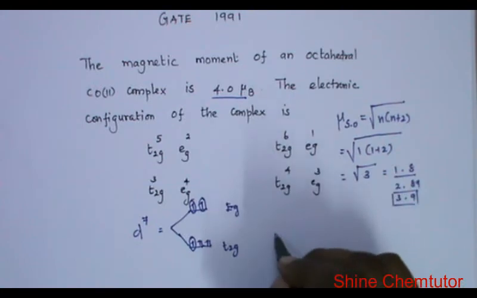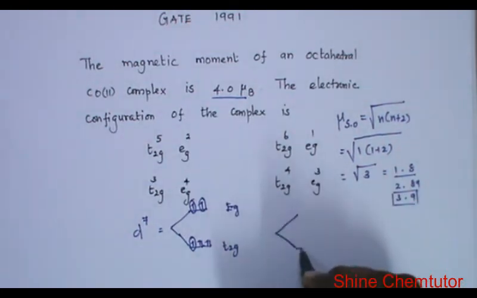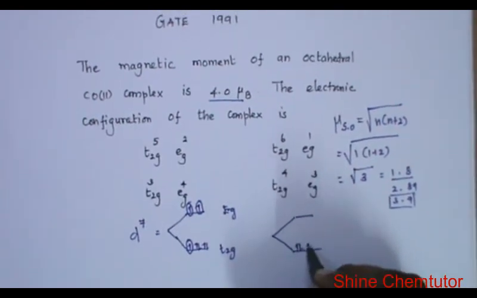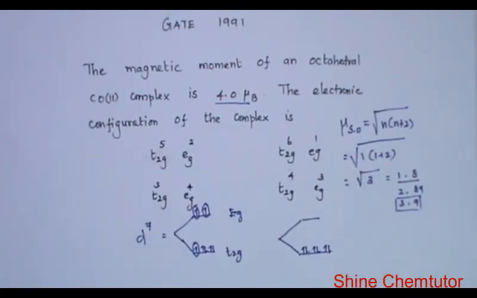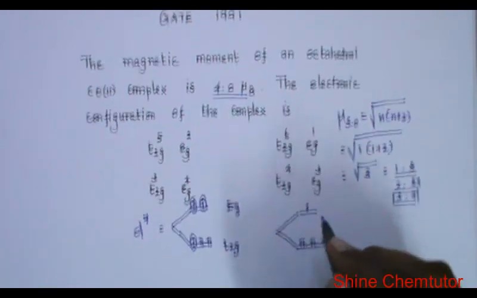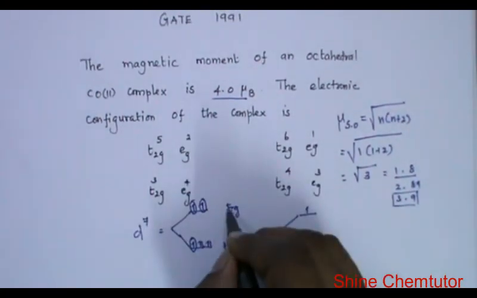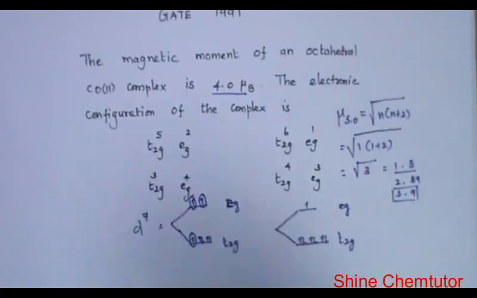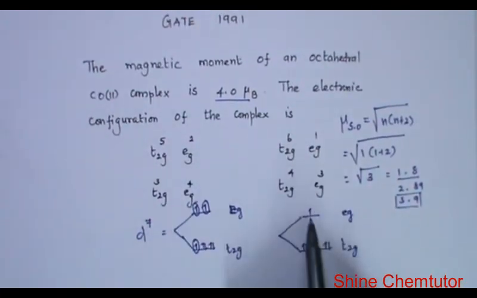If I go for low spin complex, then I have to place 6 here. I have to take 1 to eg. Sorry, this is small e. There is only one unpaired electron.